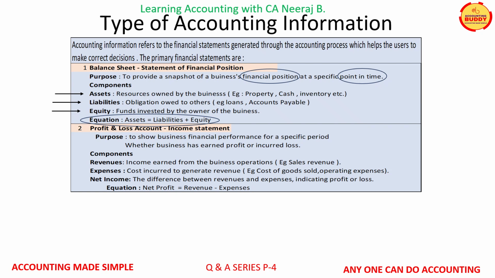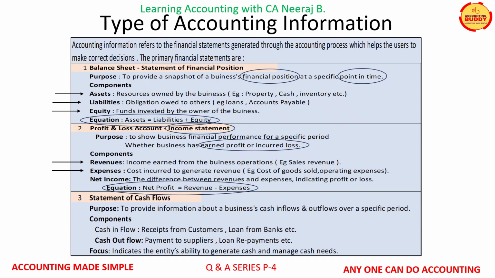Profit and loss account, which is also referred to as the income statement, is prepared with the purpose to ascertain the profit earned or the loss incurred during a reporting period. The components of profit and loss account are revenue and expenses. And the equation for profit and loss account is net profit is equal to revenue minus expenses.